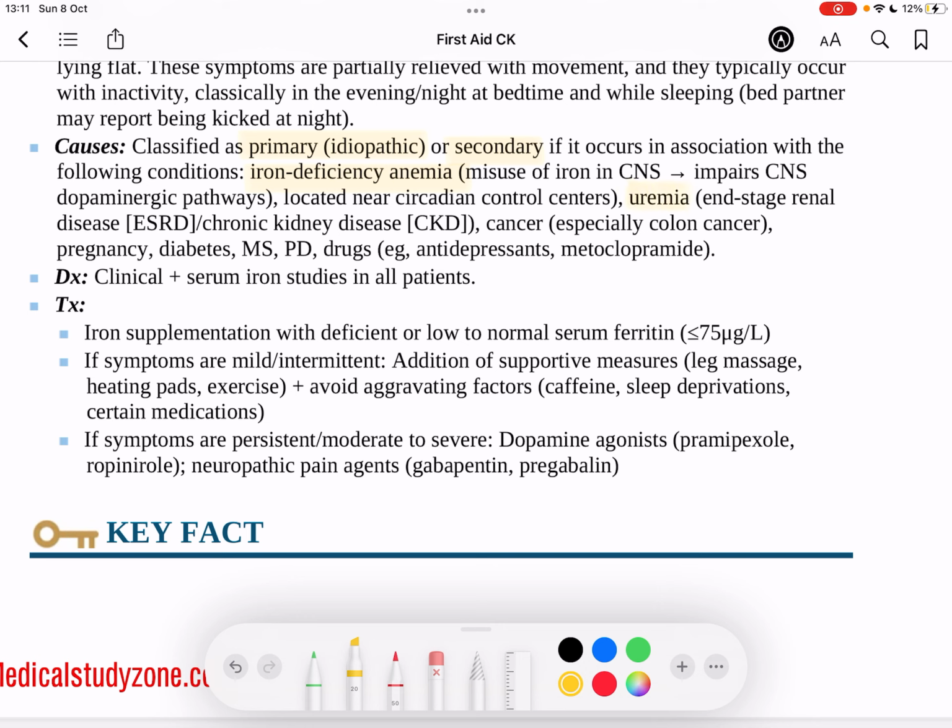Uremia, so patients who have got end-stage renal disease, chronic kidney disease, they also get restless leg syndrome, and also cancers, especially colon cancer as well. Pregnancy, diabetes, MS, Parkinson's disease, and some drugs including antidepressants and metoclopramide. These can also cause restless leg syndrome. Diabetes is often associated with the peripheral neuropathy and the neuropathic pain that they get with it.